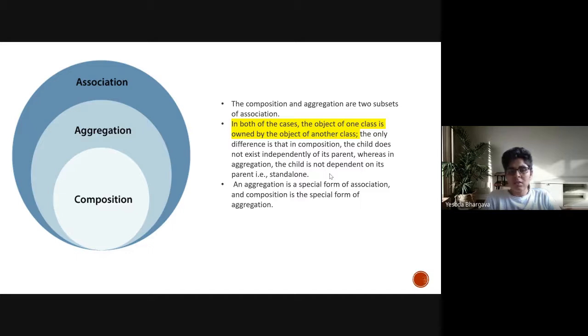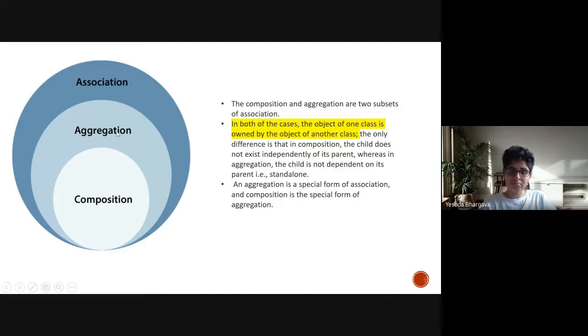Association is the outermost layer. Then a part of association is aggregation, and composition is the most intricate part. As you can see, the level of dependency between the two classes is much tighter and closer in the composition relationship as compared to aggregation and as compared to association.